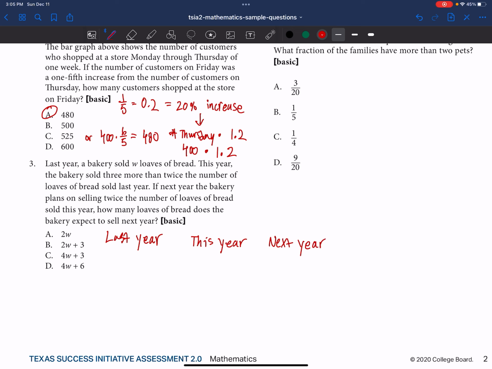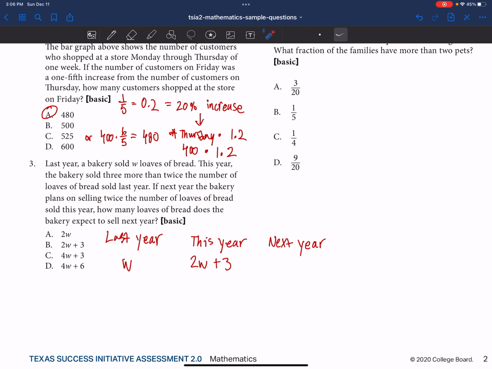All right, so last year they sold W loaves of bread. And then it says this year they sold 3 more than twice the number sold last year. So twice the number of last year is 2 times W, and 3 more than that I would just add on 3. Next year, it says the bakery plans on selling twice the number of loaves sold this year.